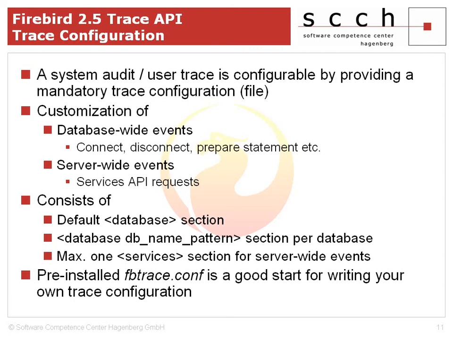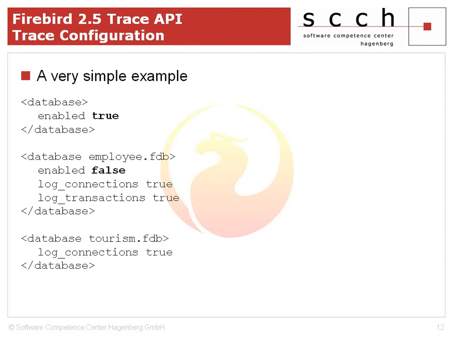Just a simple example of how such a trace configuration can look. You have, for instance, one general database section here with the configuration parameter enabled set to true. What you are now able to do is override such parameters in database specific entries in the configuration file.